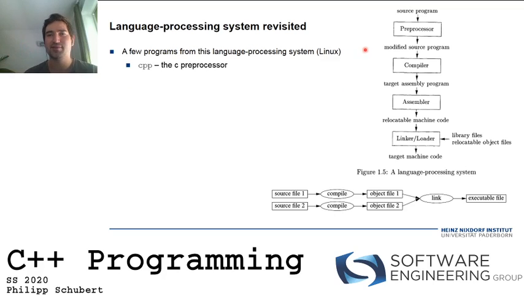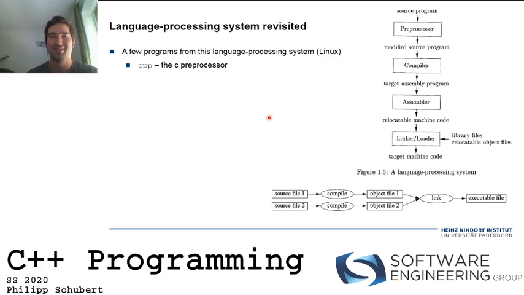You can also call the programs individually on your own if you are using a Linux system, or like the virtual machine I provided you with. If you are using the CPP program, you can also just run the preprocessor on its own. So CPP is the C preprocessor. You can run the preprocessor on your own if you ever need to do that for, I don't know, reasons.